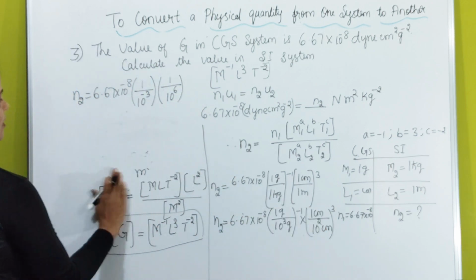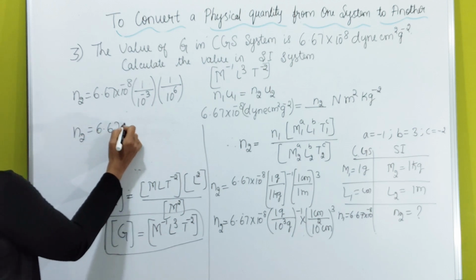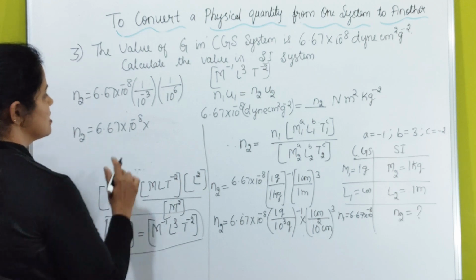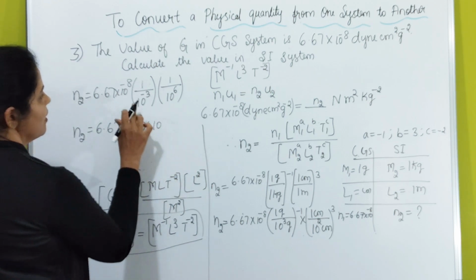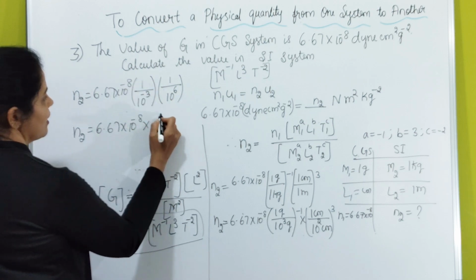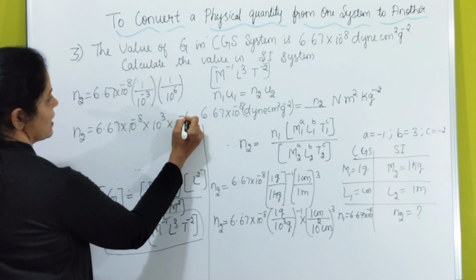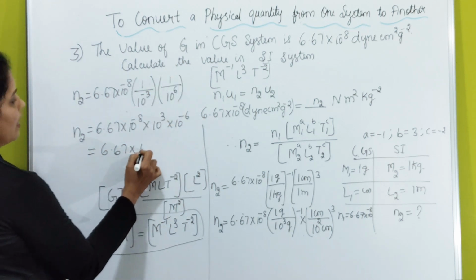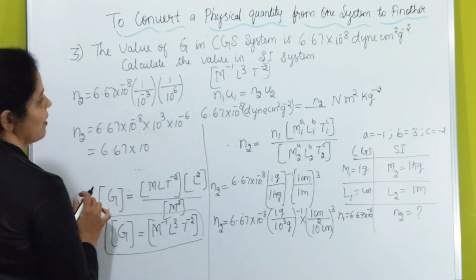Okay, is this clear? Yes. Now N2 is 6.67 10 power minus 8 into, now let us write all these powers of 10 in the numerator. 10 power minus 3, when it comes to the numerator, becomes plus 3, and into 10 power minus 6, plus 6 becomes minus 6. So 6.67 10 power, now add the powers of the same base.